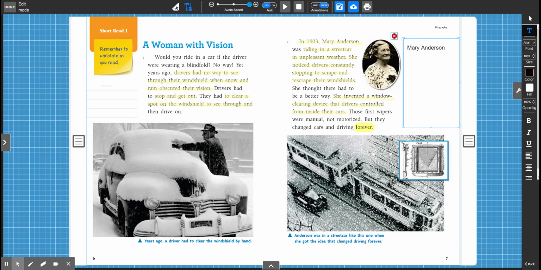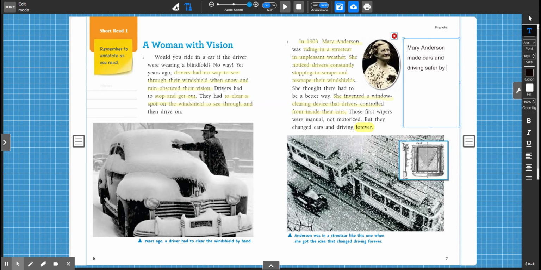And she changed driving. Did she make driving better or worse? She made it better, right? So Mary Anderson made cars and driving safer by doing what?